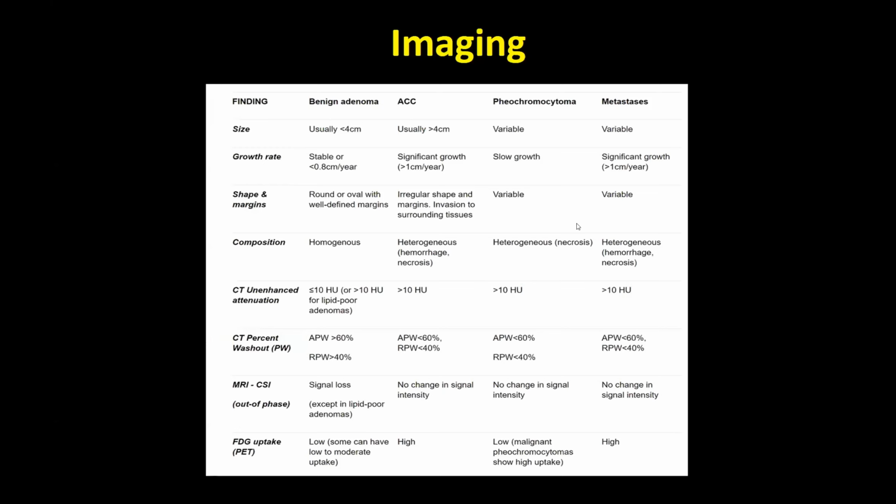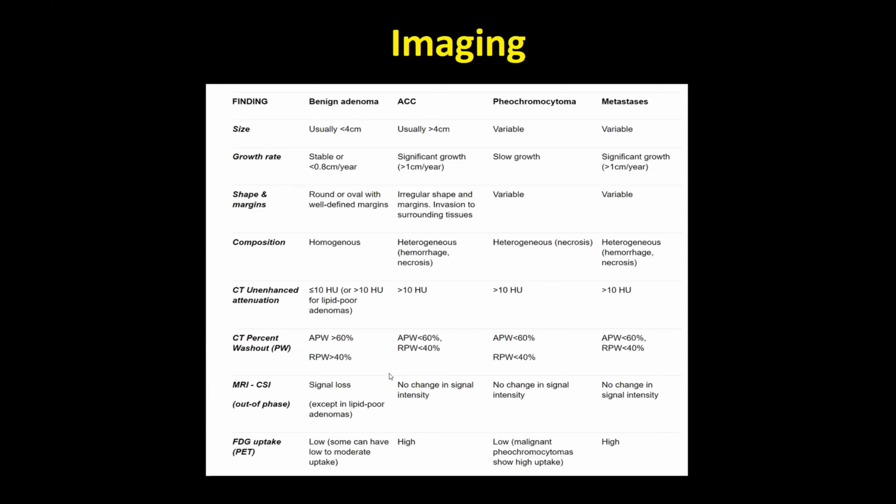And this next slide just summarizes what I've been saying about imaging, which I think is the key to adrenal disease. Besides the biochemistry we've discussed, we're thinking about size, growth rate, shape and margins, composition, effects on washout and attenuation on CAT scan, appearance on MRI, and finally the use of FDG PET.